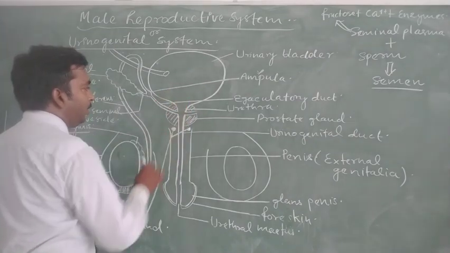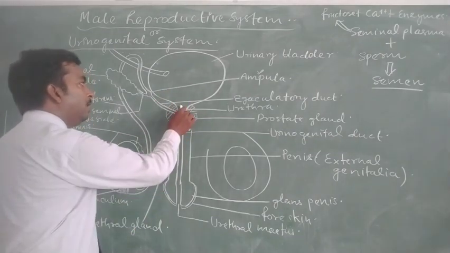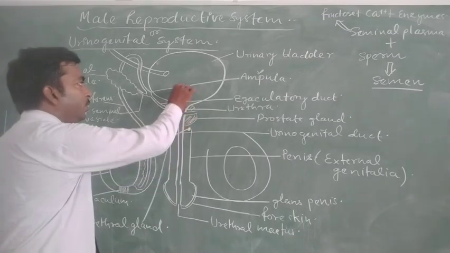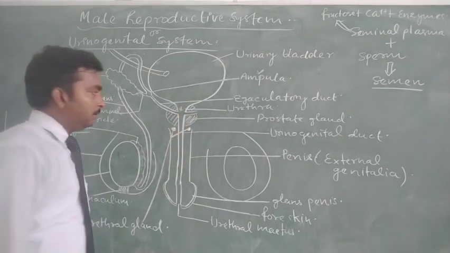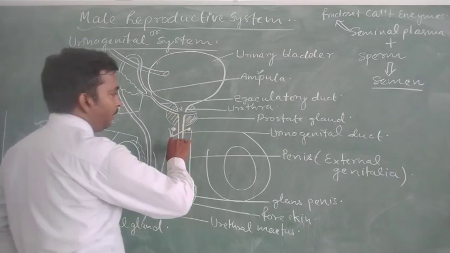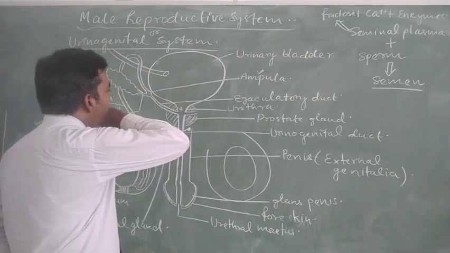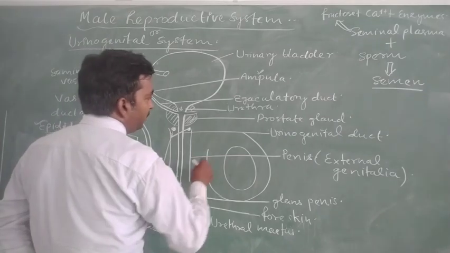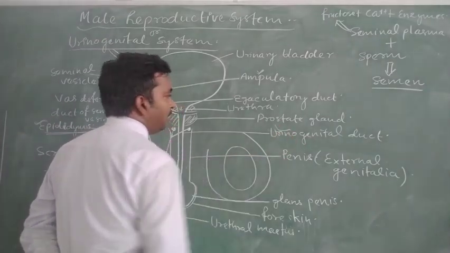When the ejaculatory duct joins the urethra, which is coming from the urinary bladder, a common duct forms for the urine as well as the sperm. It is known as the urinogenital duct.